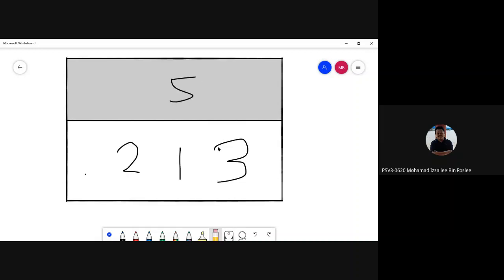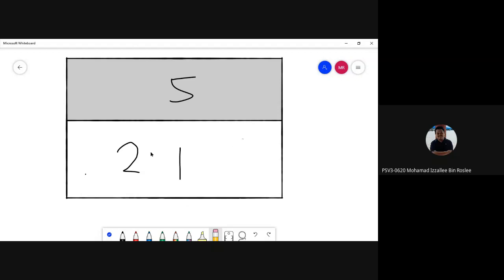And it doesn't matter if we switch positions, 3 plus 2 is equal to 5. The order doesn't actually matter, because the whole will be the same. Just like what Miss Jessica says.